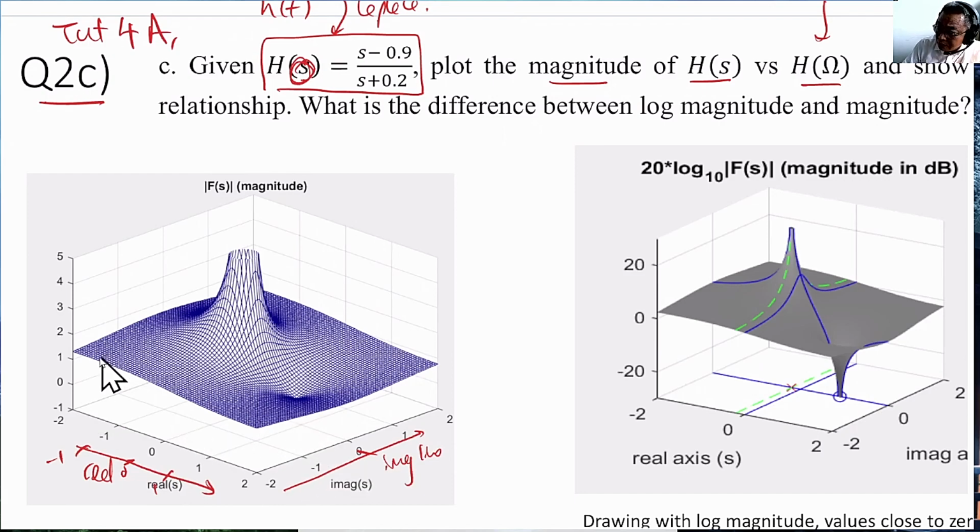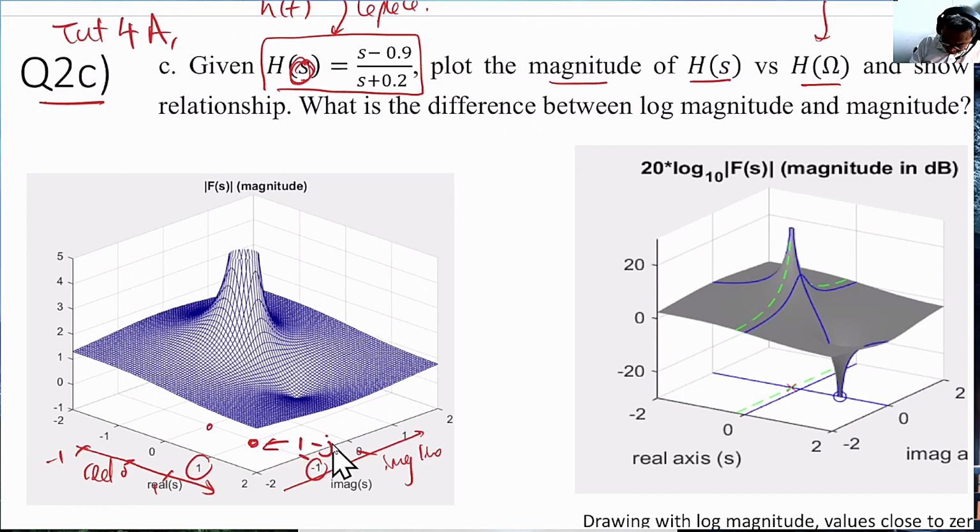So for each of these points, we're going to substitute s. For example, if we substitute this point, the real part is 1 and the imaginary part is minus j. So at this point is 1 minus j.